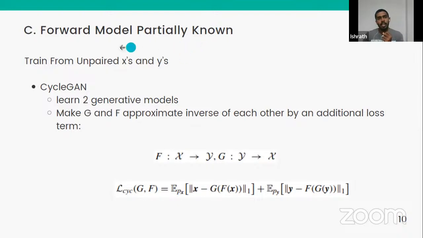In that case, if we have a bunch of ground truth images x's, we cannot generate paired measurements of y because we don't know the exact forward model. So let's say we have unpaired x's and y's. In this case, we don't know the joint distribution of the x's and y's. Given an x, what is a y?